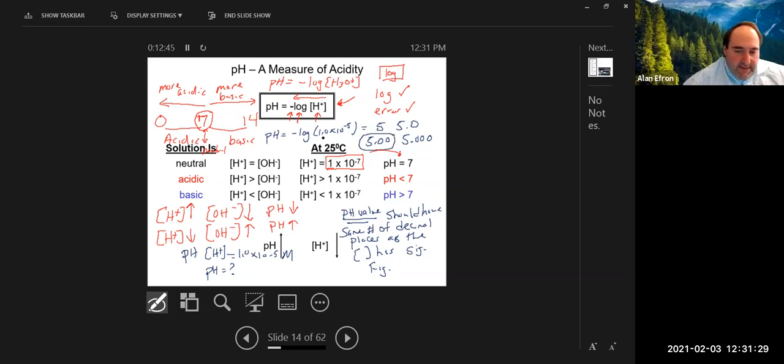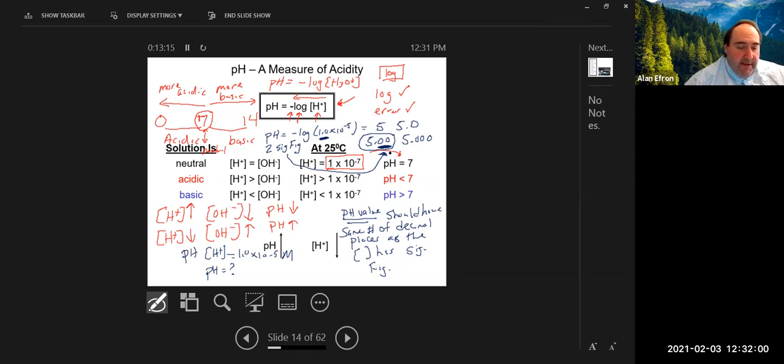When we look at the concentration, it has 2 significant figures. 2 significant figures does not give us 2 significant figures on the pH. It gives us 2 decimal places. So significant figures to decimal places. So 5.00 should be the correct way to record that. Question on that?